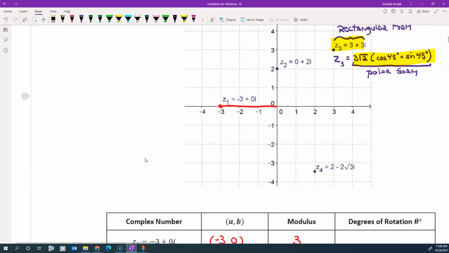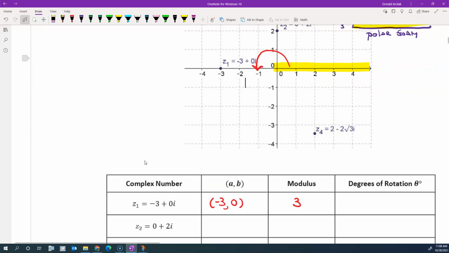And its angle of rotation, remember, we always start at the positive real number axis, that's right here in yellow, and we always rotate counterclockwise. So the angle of rotation for Z1 would be 180 degrees counterclockwise.